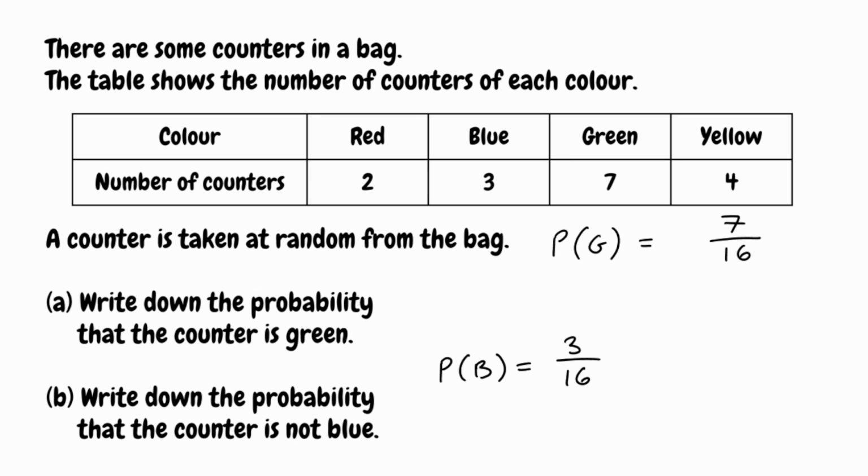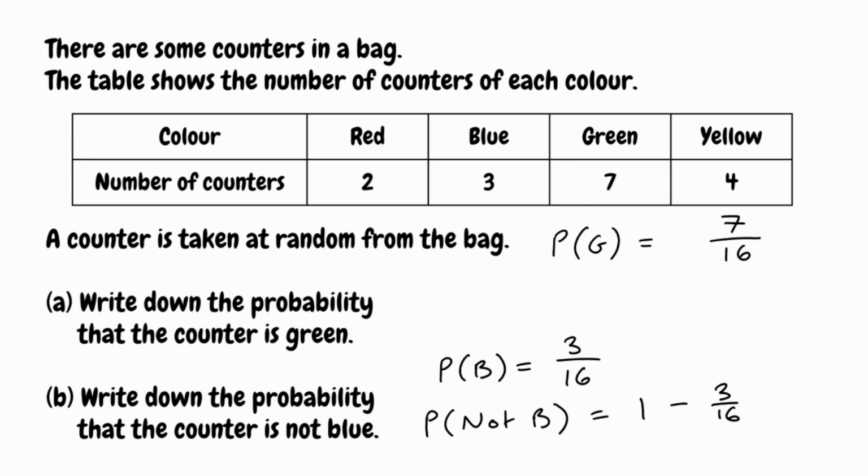So if our probability of picking a blue counter is 3/16, the probability that it is not blue is going to be everything else. So again, probabilities always add up to 1. So the probability of the counter not being blue is simply going to be 1 take away this 3/16.